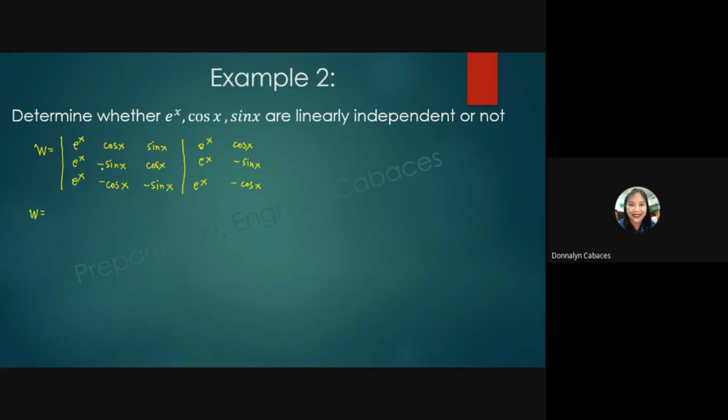So the first one is e to the x sine squared x. The next diagonal is e to the x cosine squared x. Then you have negative e to the x sine x cosine x.